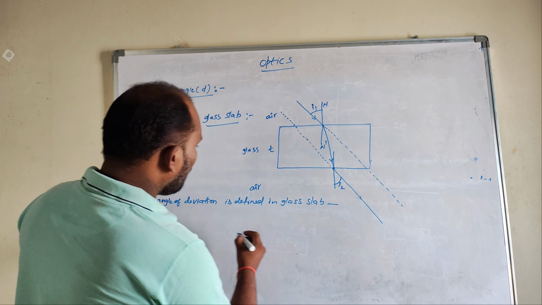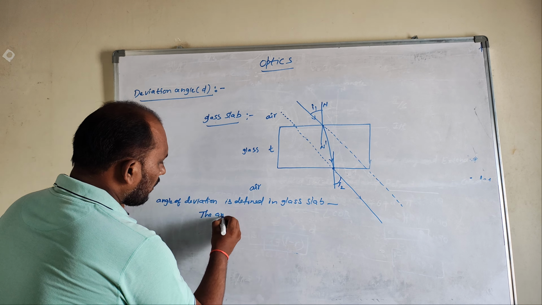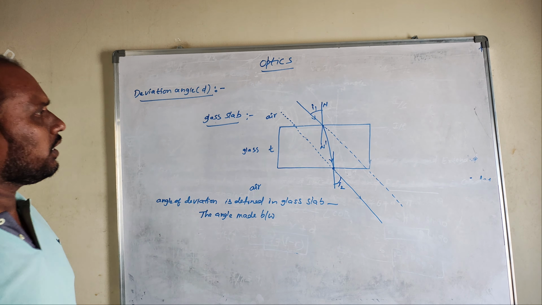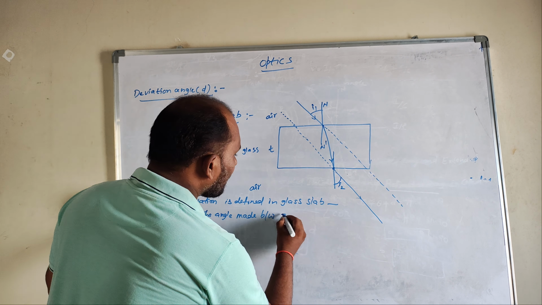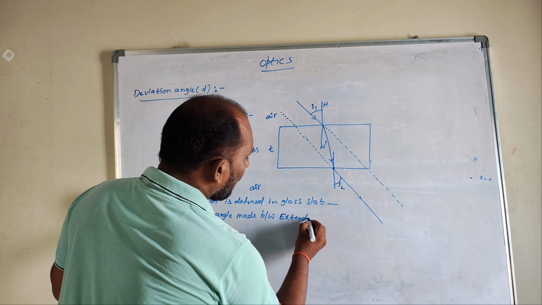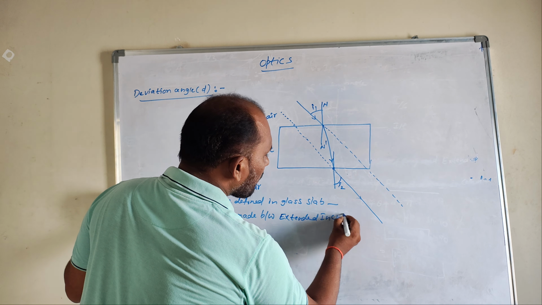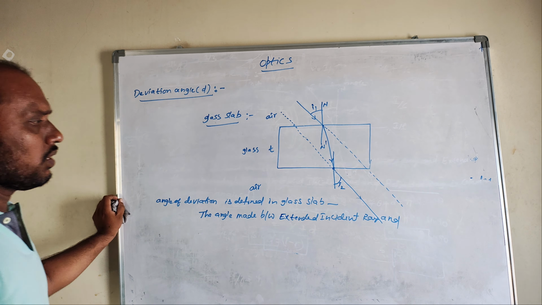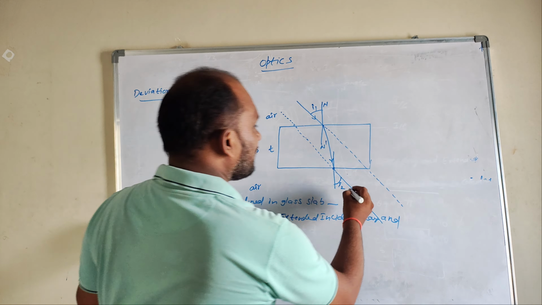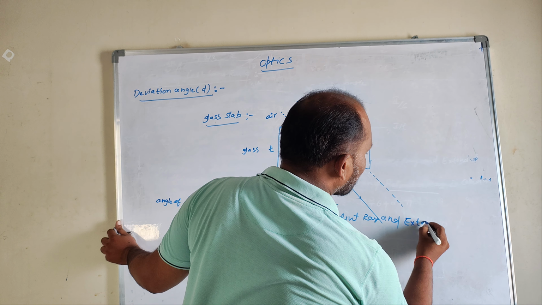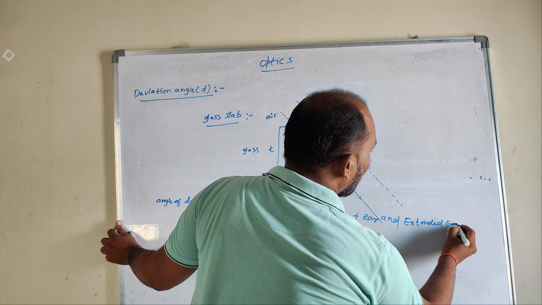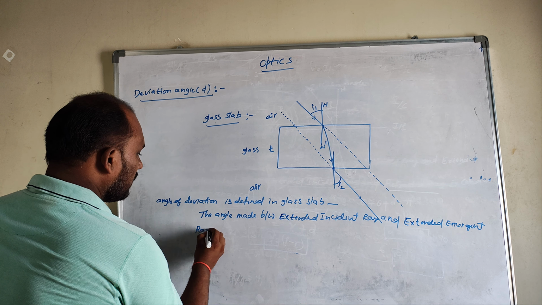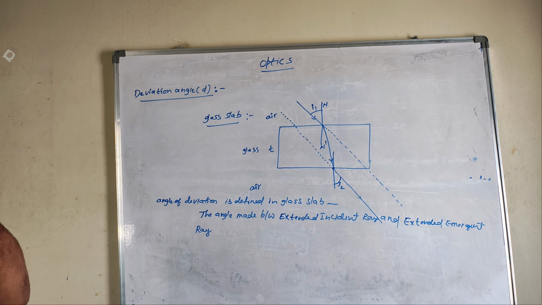The angle made between the extended incident ray and the extended emergent ray. This is the emergent ray, this is the extended emergent ray. I hope people understand. The angle between the extended incident ray and the extended emergent ray is called the angle of deviation in a glass slab.